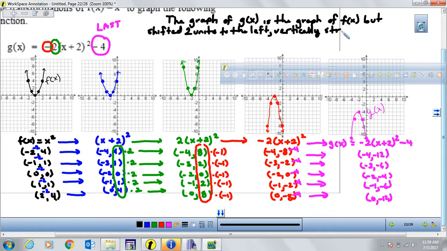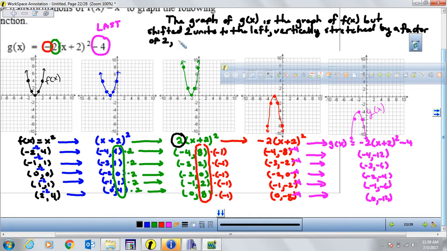Remember that too. It stretched it vertically. So vertically stretched, and this is how you finish the sentence, by a factor of 2. So that was the factor by which it was vertically stretched. So that's how you finish that sentence. Vertically stretched by a factor of 2.